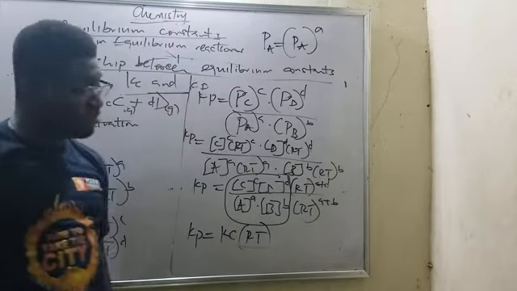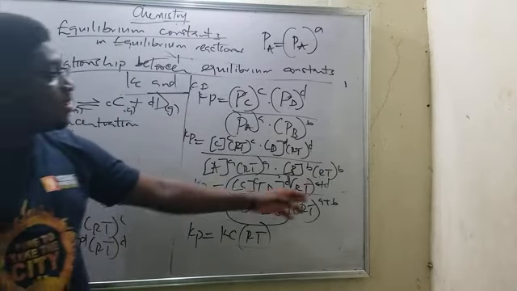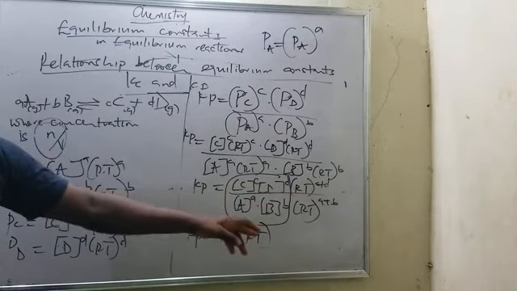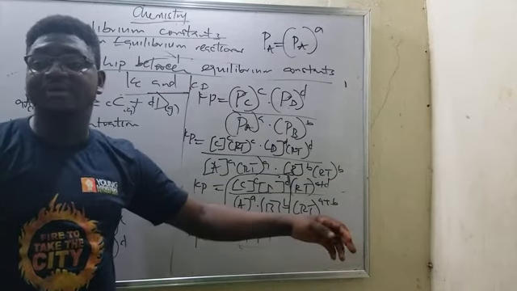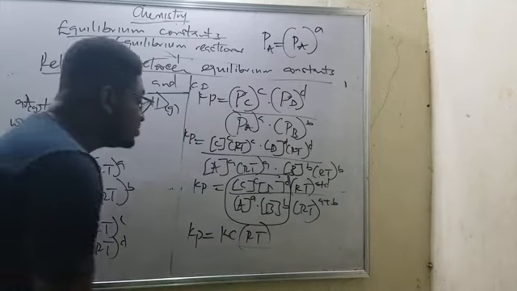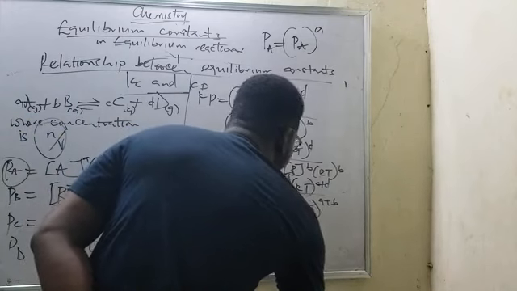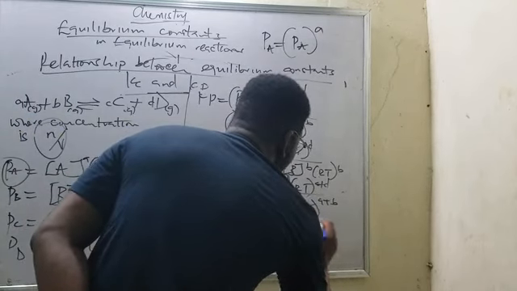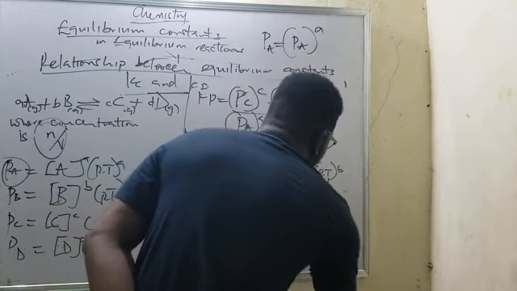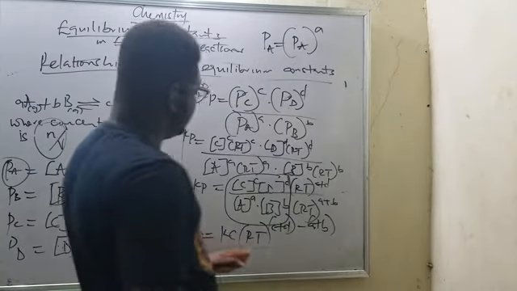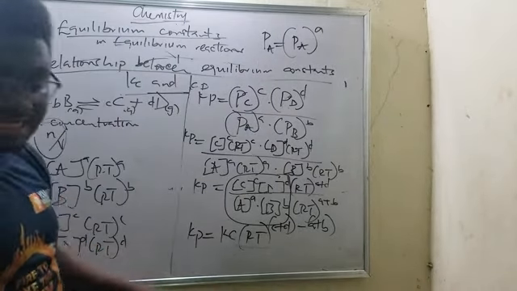Now from our laws of indices also, realize that when we have the same base and we have a division sign, there's a subtraction that comes in place. So we say this is C plus D minus, because of the division sign, A plus B. So this is the expression we are getting from this.